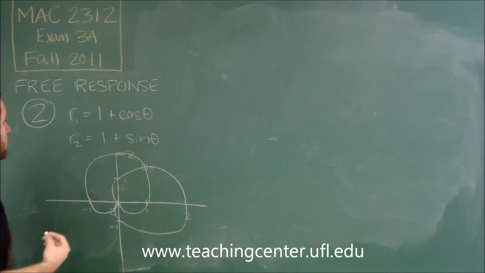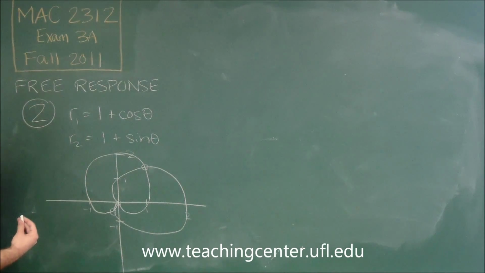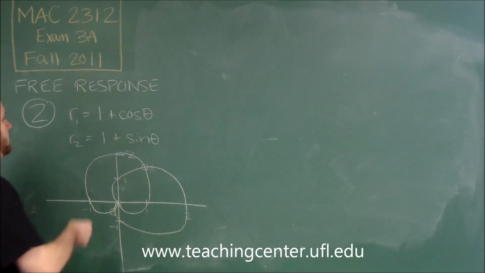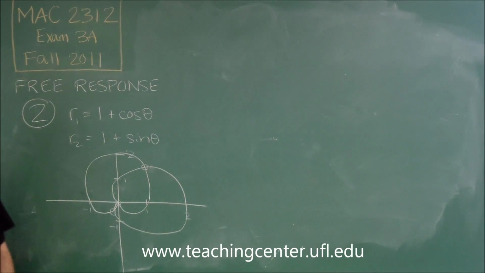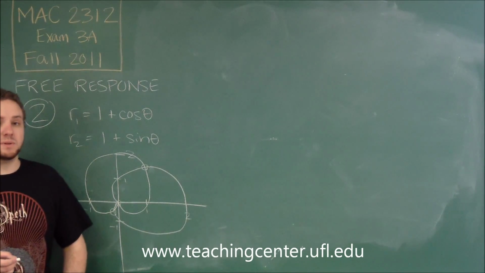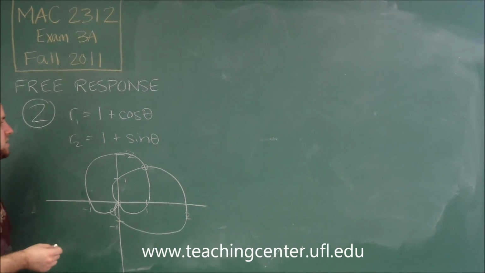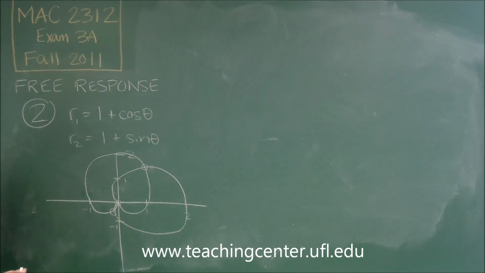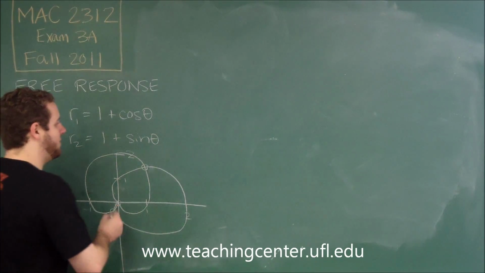So one of them is going to be the origin. The tricky part about doing this algebraically is that the origin would not show up by just setting these two things equal to each other, because they both reach the origin at different thetas. So you're not really going to find that one, but we do have that point.